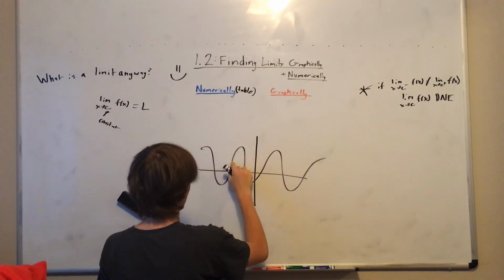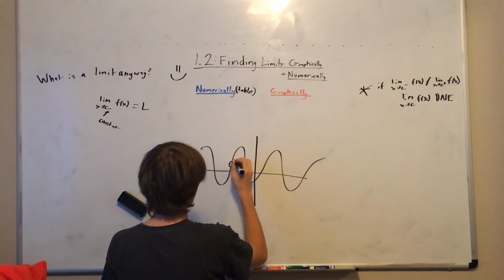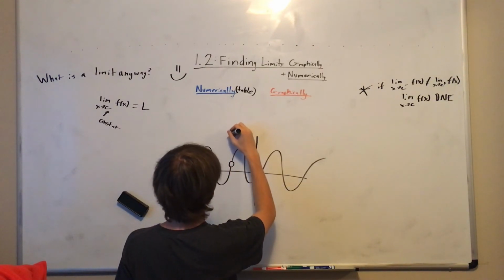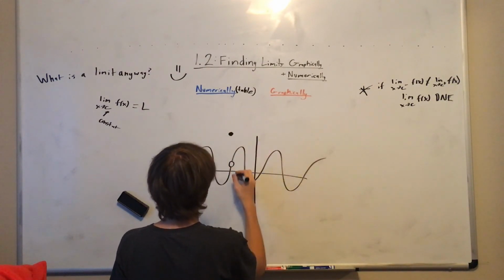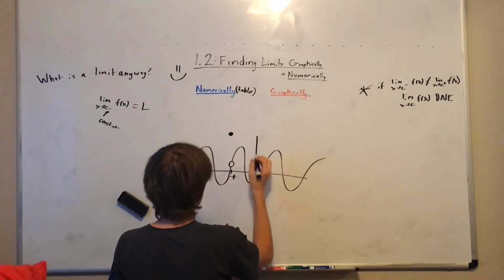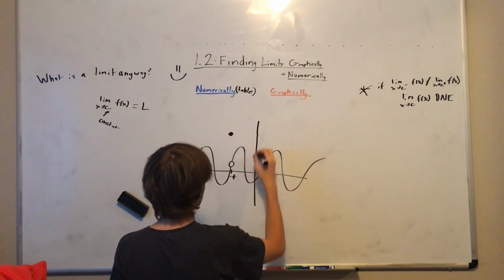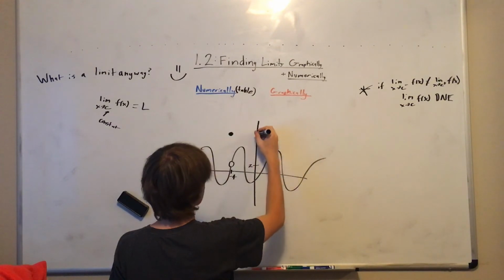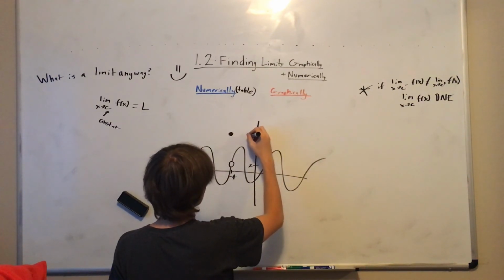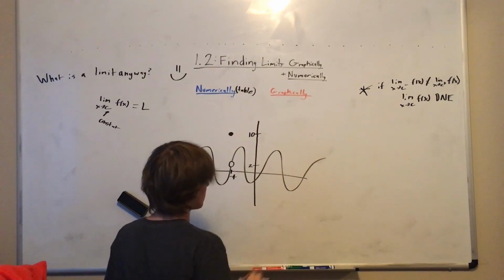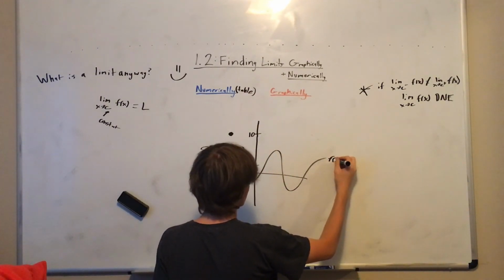It just needs to have a hole, and then we'll put the actual functional value up here. Let's say this is negative 4, and let's say that this is 2, and let's say that this is 10. This is our f of x right here.